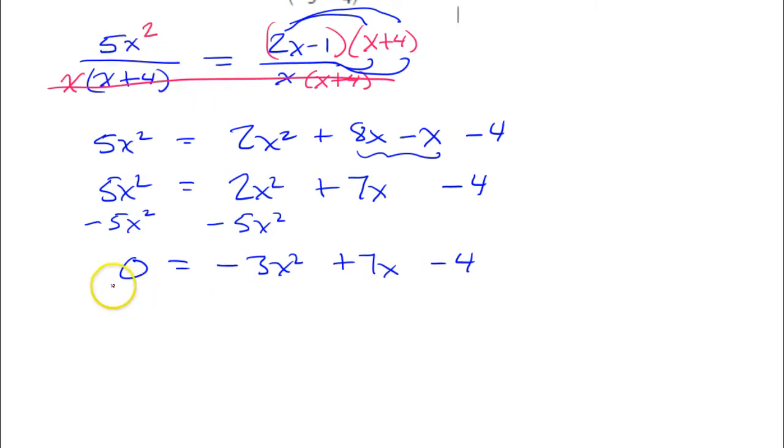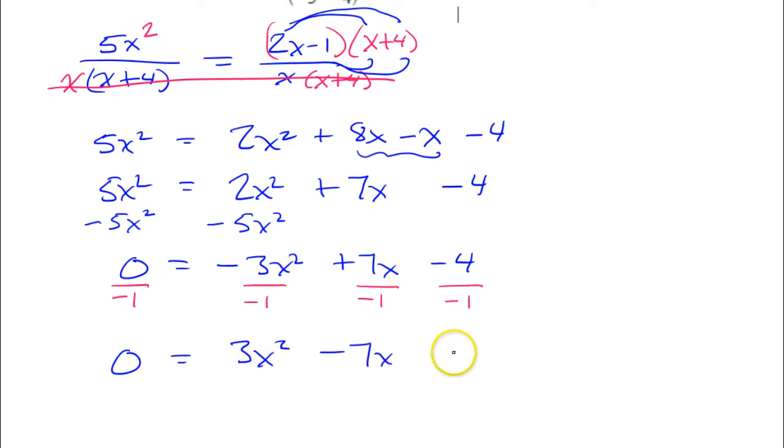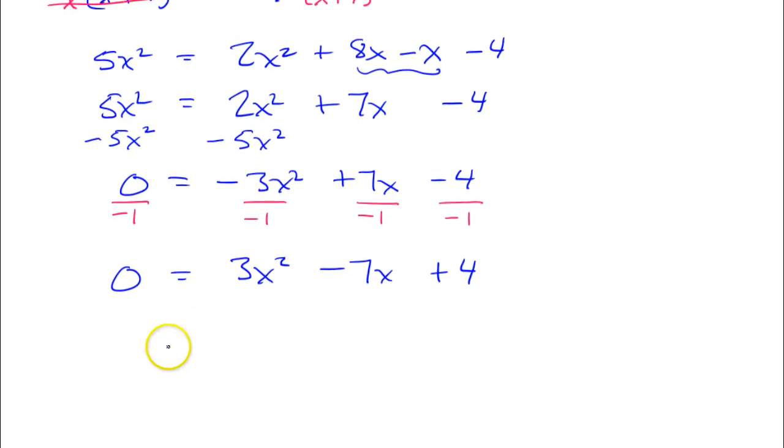That is easily solved by dividing both sides of the equation by negative 1. So I'm going to wind up dividing each term by negative 1. So that's just going to change all the signs. So I have 0 is equal to positive 3x squared minus 7x plus 4. Now my leading coefficient is positive, and I can factor more easily.